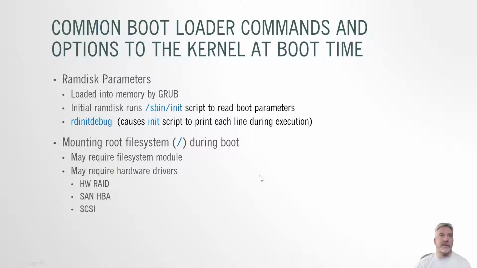So the RAM disk gets loaded by the Grand Unified Bootloader, GRUB, and it runs /sbin/init. The scripts in this directory will look for various services that are required to start up the system, start up the various components, and each script in this directory will have some purpose for the system.